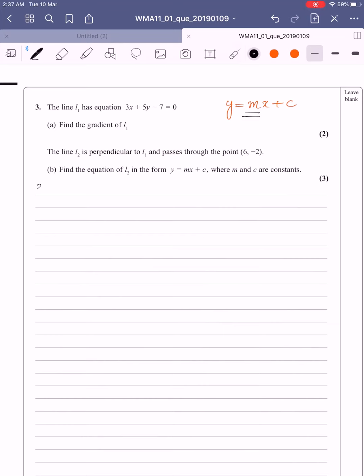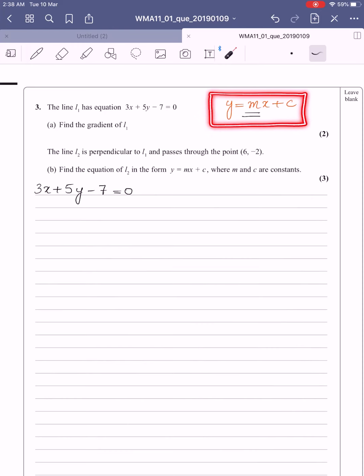We are now given 3x plus 5y minus 7 is equal to 0. We know that if we rewrite our equation in this form, then it will be very convenient for us to find its gradient. So we need to make y the subject of formula.